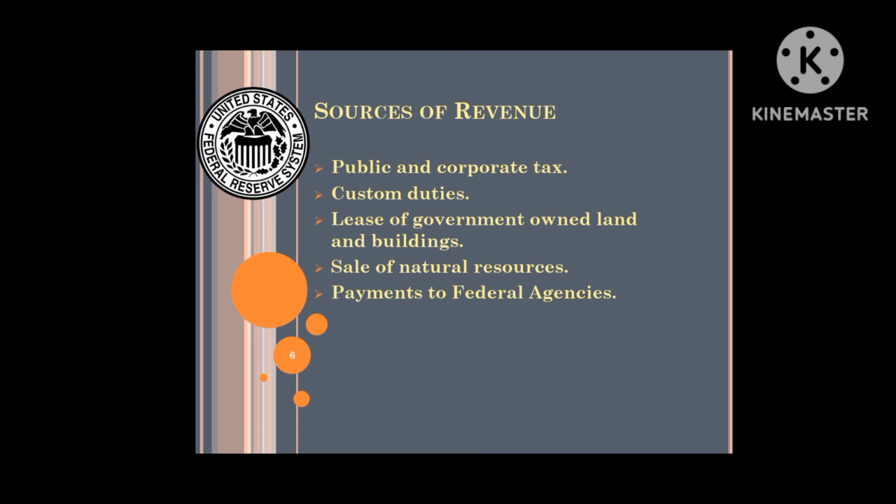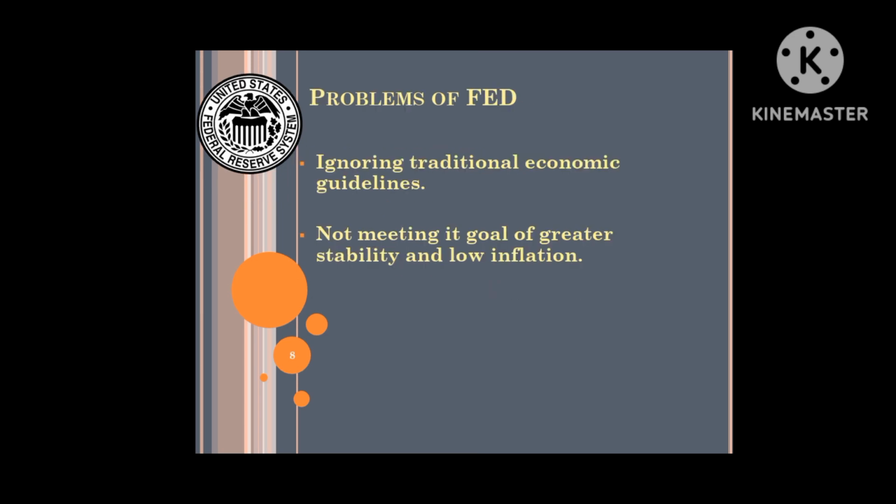Now, next, I will present some of the problems that the U.S. central bank is facing. Number one, ignoring traditional economic guidelines. The first problem is that the Federal Reserve is ignoring some of the traditional economic guidelines, because of which some issues are arising.